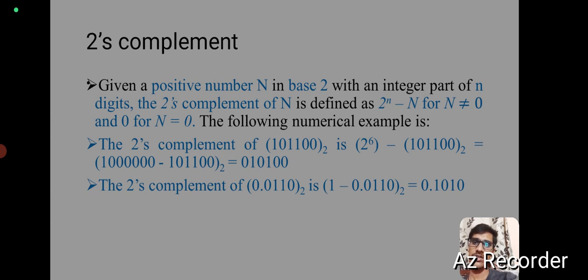Then the next step is 2 to the power 6, where 6 is the number of digits in the given number, minus 101100 to the base 2, which is the given number itself. In the same way, we have to find the 2's complement for the other example also.